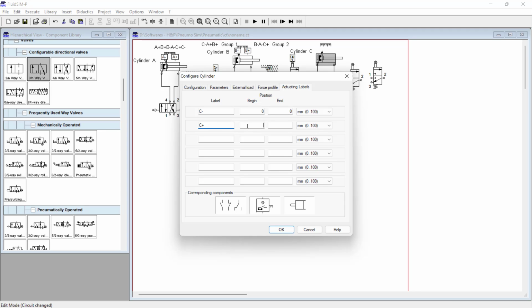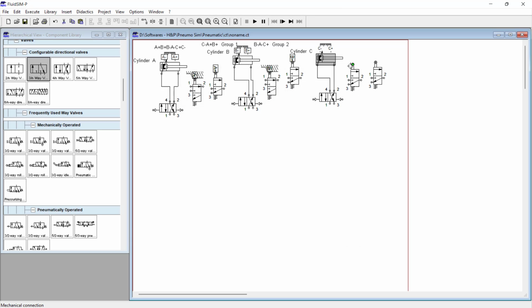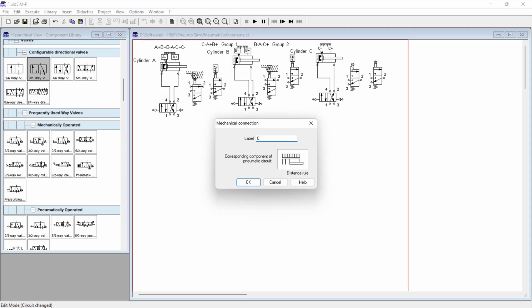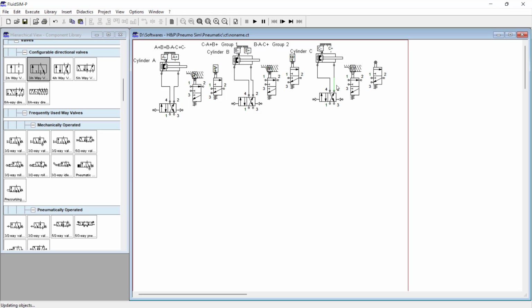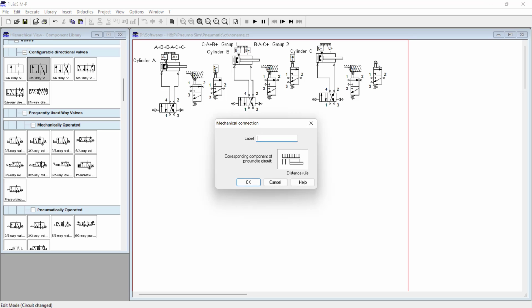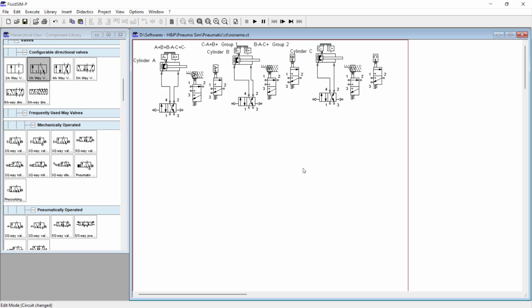Plus will be 100. We set all the limit switches and the cylinder stroke length.